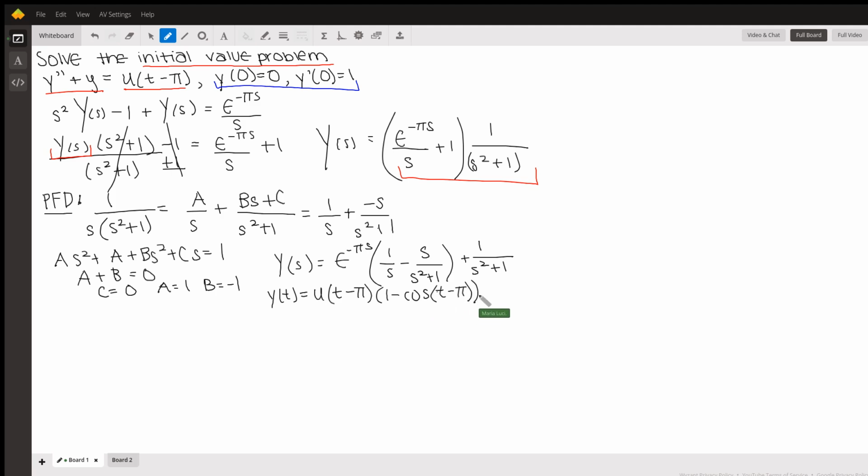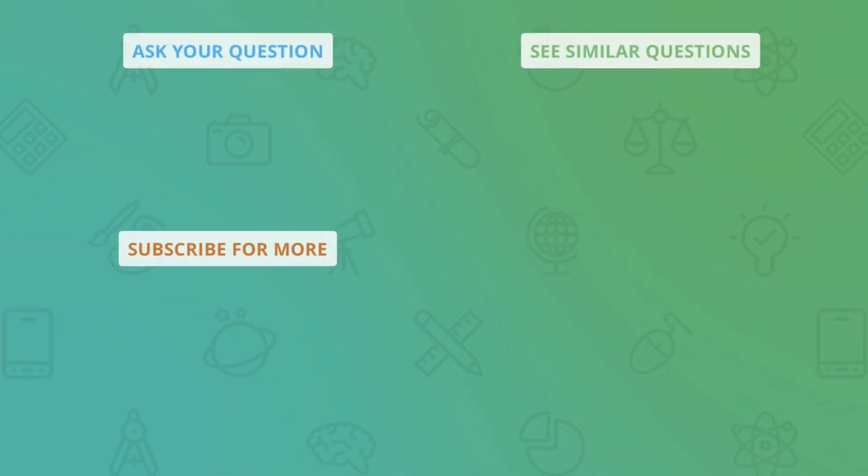And then the Laplace transform of sine, so plus sine of t. And that will be our answer for this initial value problem.